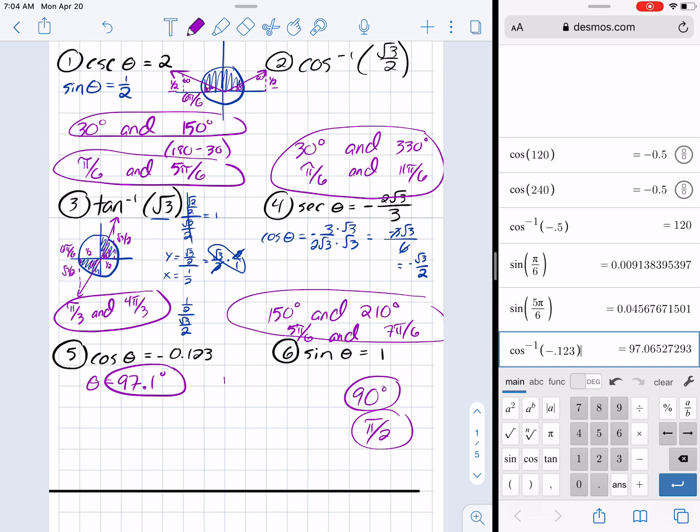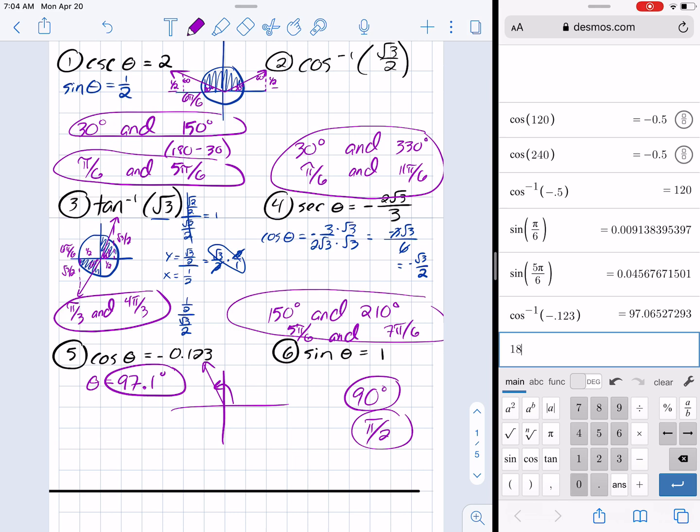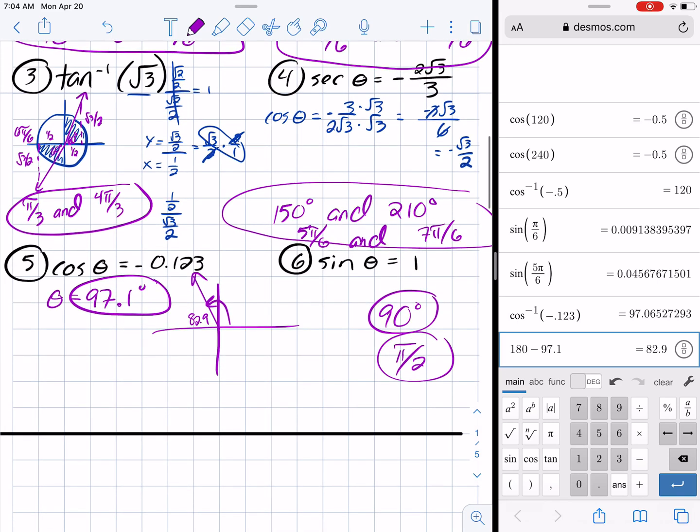Your second answer comes from using the reference angle. So if 97.1 was this angle, my reference angle is 180 minus 97.1, so a reference angle of 82.9. And if I want the other angle measure that gets us a negative trig ratio for cosine, that would have to be another reference angle in quadrant 3 because cosine, your x values, are negative in quadrants 2 and 3.